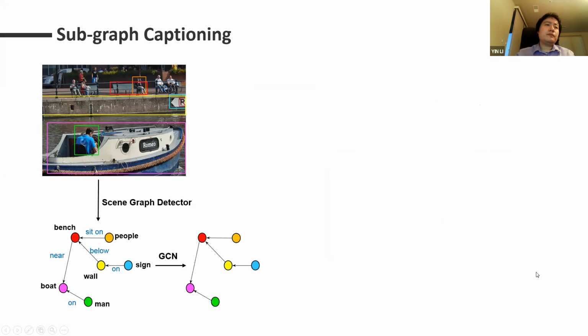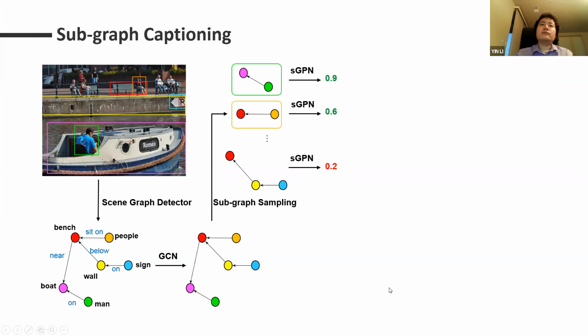Now putting things together. Given the input image, we first convert this image into a scene graph using existing or our own scene graph detector or scene graph generation method. We're going to process this scene graph using this graph neural network to create features on the nodes and on the edges. Now we're going to sample subgraphs from this scene graph, just chop them into lots of subgraphs.